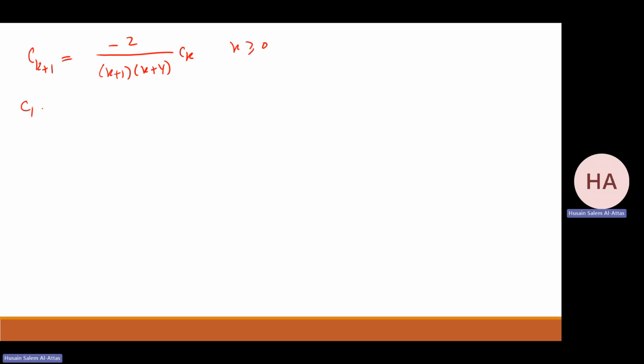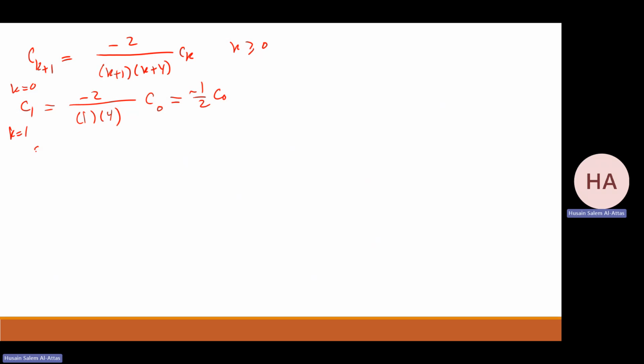Now c1, k equals 0. So I have minus 2 over 2 times 4, c0, correct? Sorry, that is 1/4. That will be minus half c0.